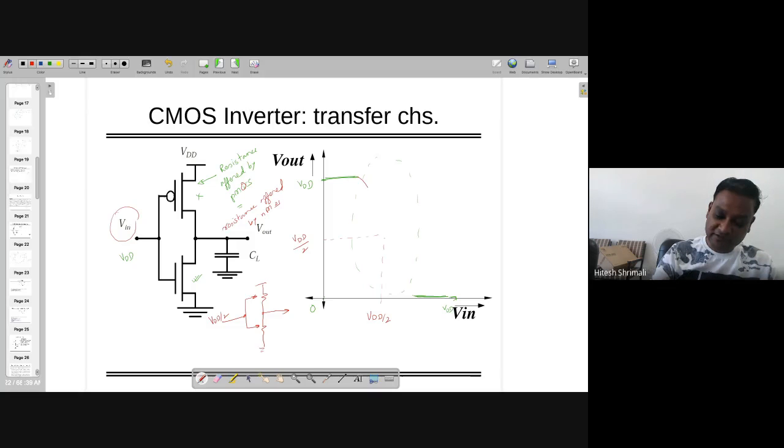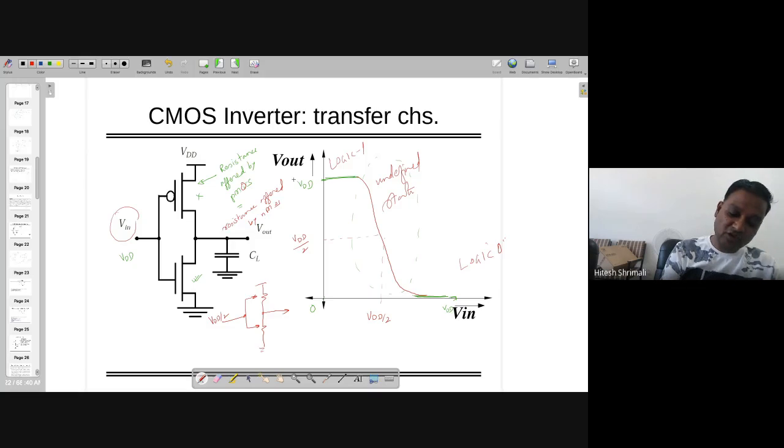So if you connect all of them, it will look like this one. During the transition, it's an undefined state. This is logic 1 and this is logic 0.